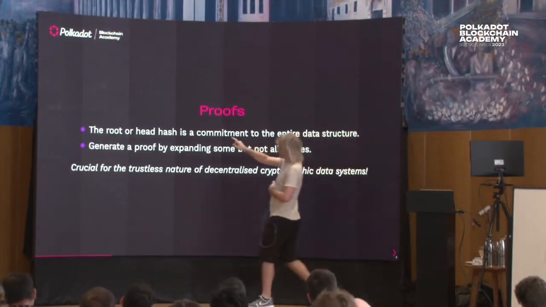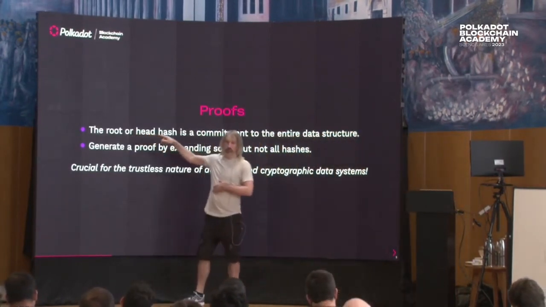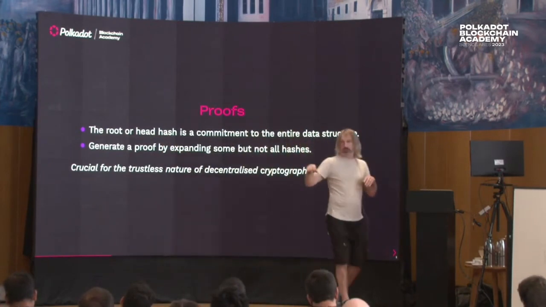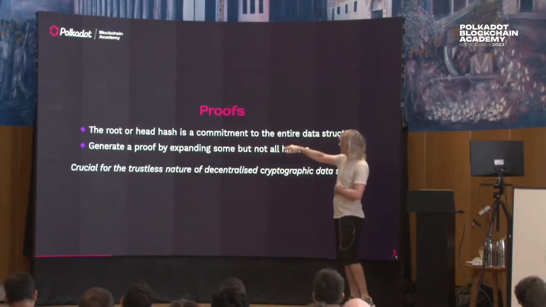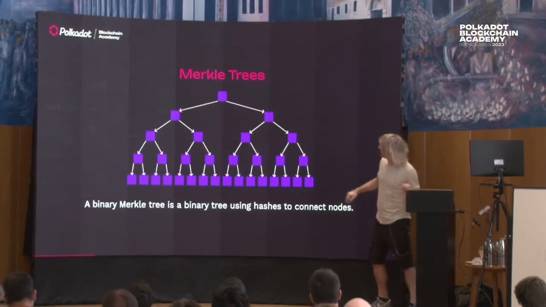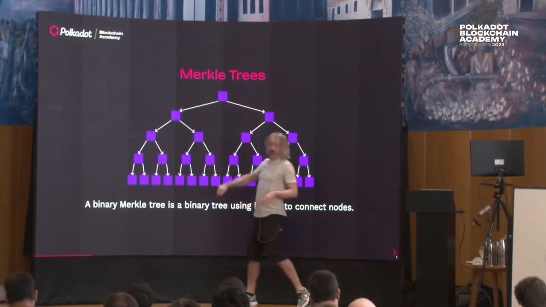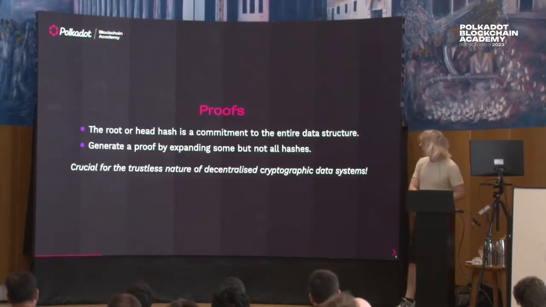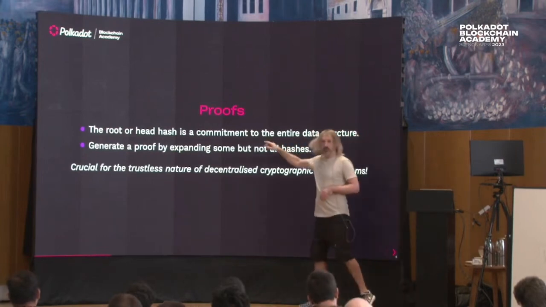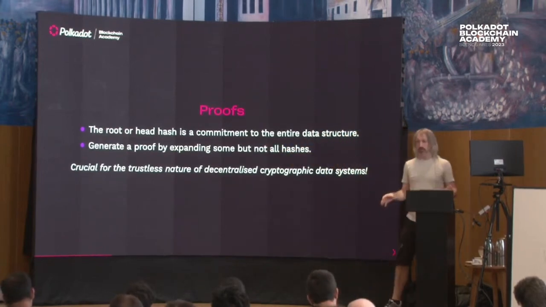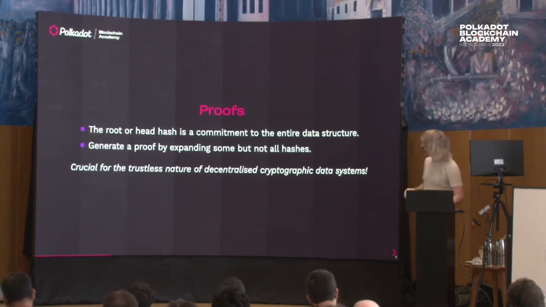In this way, the root, or head, if you want, trunk, the root hash, which is basically the hash of this one, it's a commitment to the whole thing, right? It is defined by the whole thing.